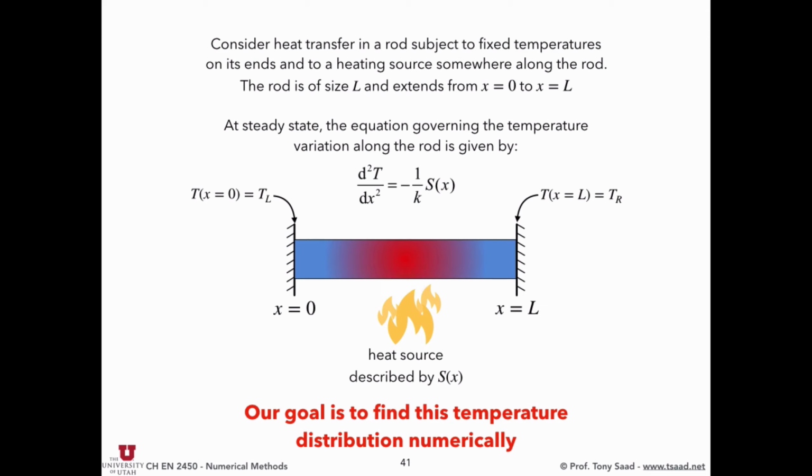k is the thermal conductivity. Does anyone know what that means? So it's resistance. It's how much the material can resist heat transfer. So if you want a very well insulating material, you want a material with a very low thermal conductivity.